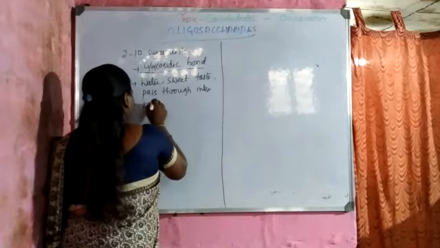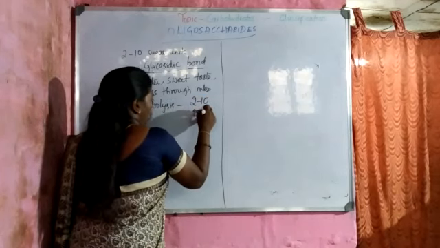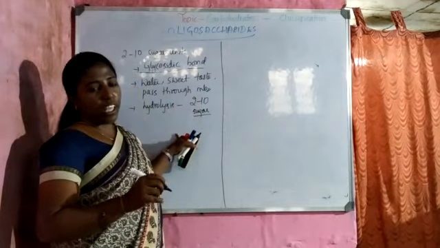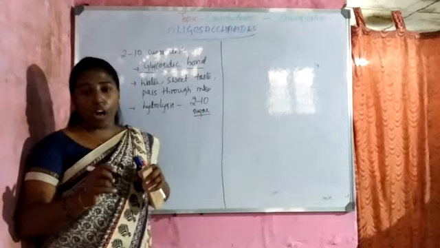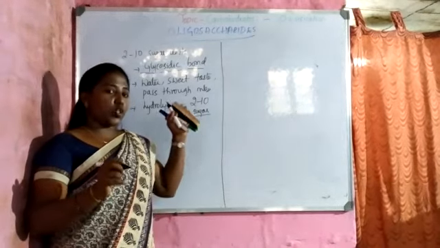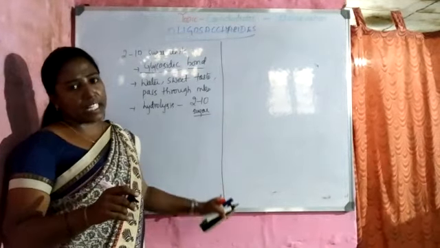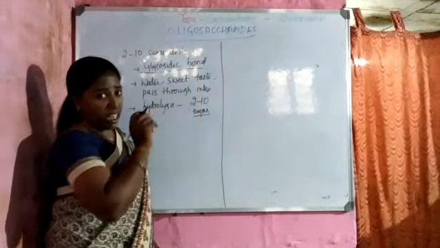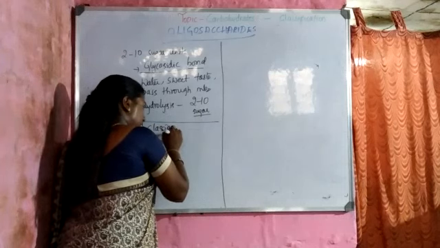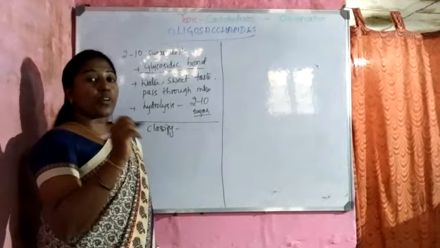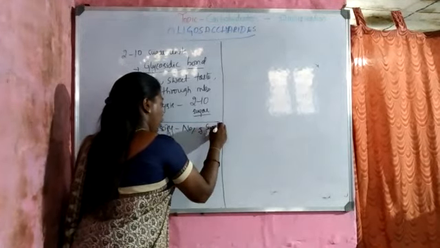These oligosaccharides are based on the number of monosaccharides, so we can divide them into the following types. We can classify them based on the number of sugar units.